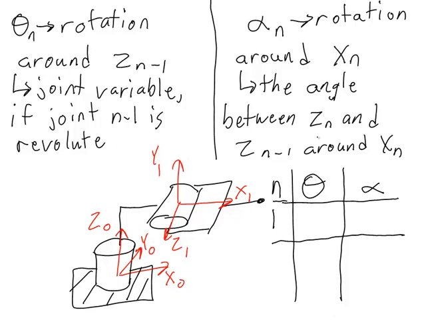Theta 1 is the rotation around Zn-1, which would be Z0, shown here. And we know that if the joint 0 is revolute, then theta n is the joint variable. And so here, theta 1, we can simply write that as being theta 1, where theta 1 is this joint variable.